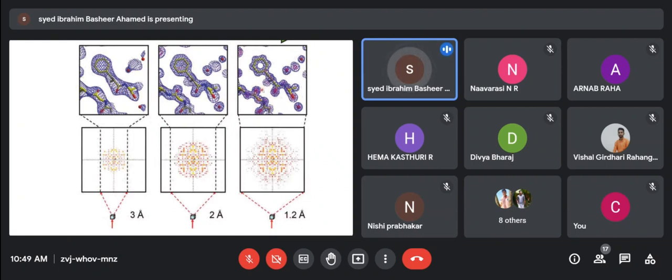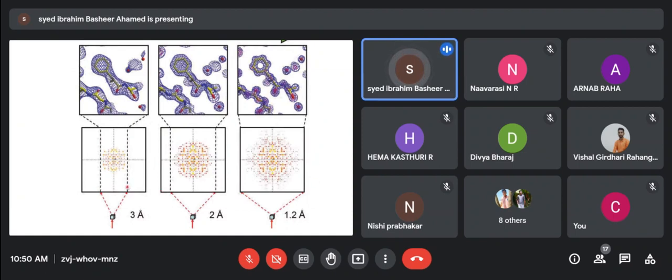But at atomic level resolution, if you see the phenyl ring, each atom is represented by its own density, right? In the center, there is no density at all, which is saying that each atom has very clear-cut density. So the resolution is important.